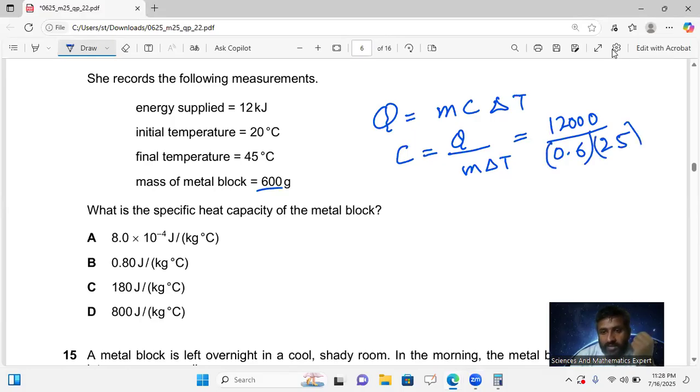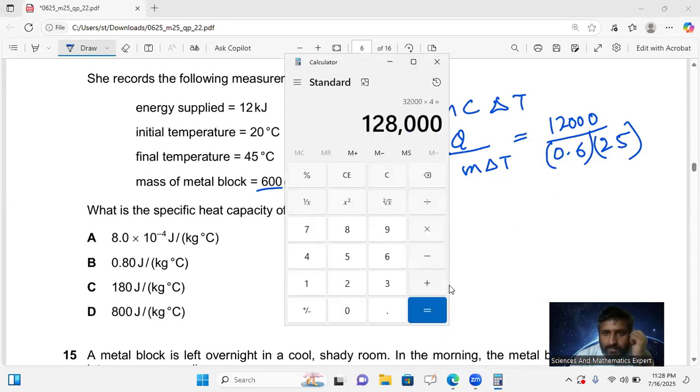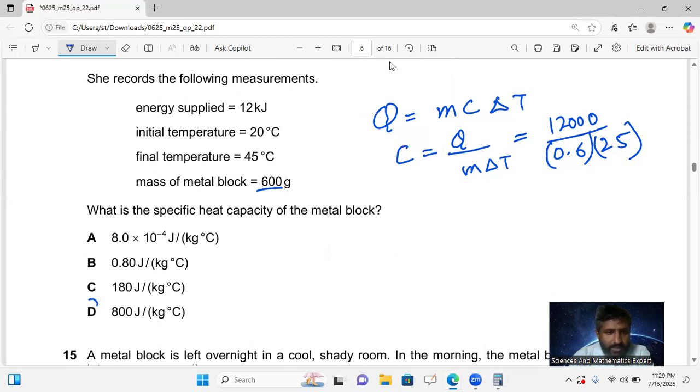So if we go for its calculation, we can simply say 12,000 divided by 0.6, divided by 25. So I'm getting here 800. So that is option D.